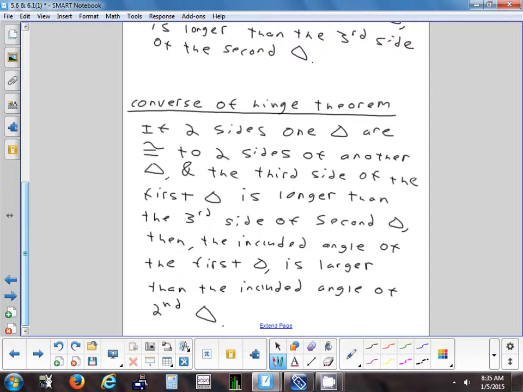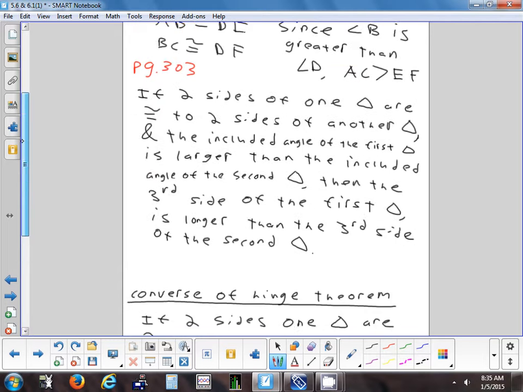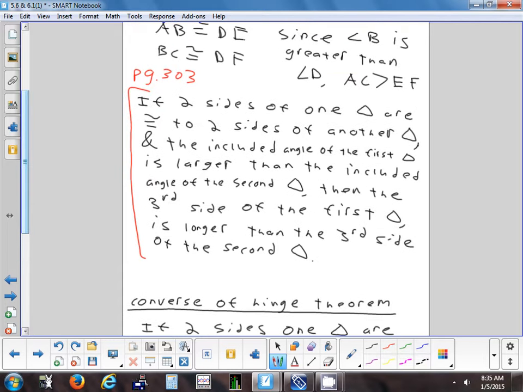So if that hinge is open more, the side is longer, that means the angle is bigger. If that side is shorter, then the angle becomes smaller. So the converse of the Hinge theorem is also true. Everybody has down just this part right here at least. That's all you really need.